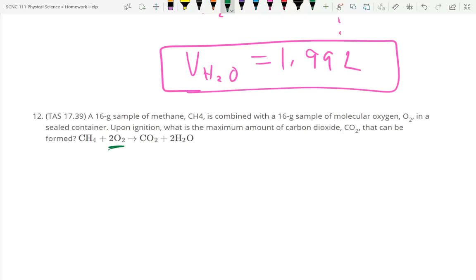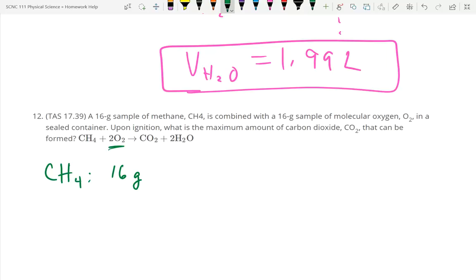So to calculate which one's our limiting reagent, we'll start by calculating how many moles of each reagent of reactants here, the 2 chemicals we're starting with. How many moles of each one do I have? So we have methane, 16 grams of it.